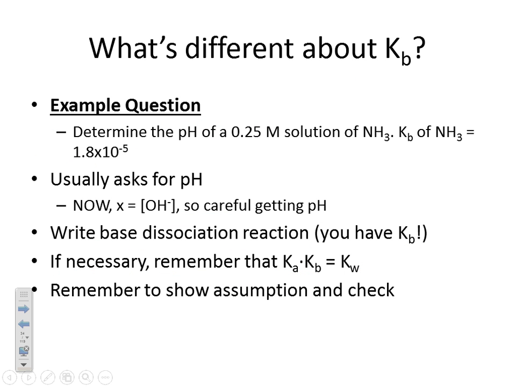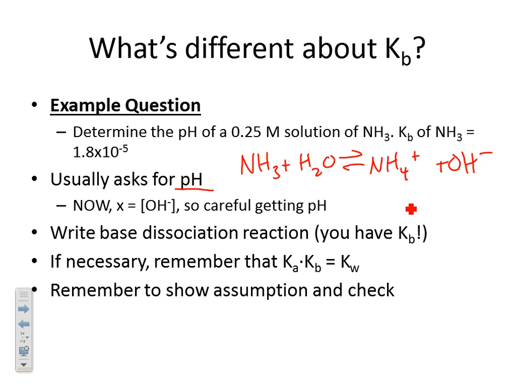Kb problem. What's different about Kb? Again, read the problem. Determine the pH of a 0.25 molar solution of ammonia, and then they give you a Kb value. And I always find it interesting that the Kb for ammonia is actually the same value as the Ka for acetic acid, because I'm a nerd that way. Now, again, we're asking for pH, but this is a base dissociation problem. So the reaction that you're writing is NH3 plus H2O yields NH4+ plus OH-, because this is base dissociation.